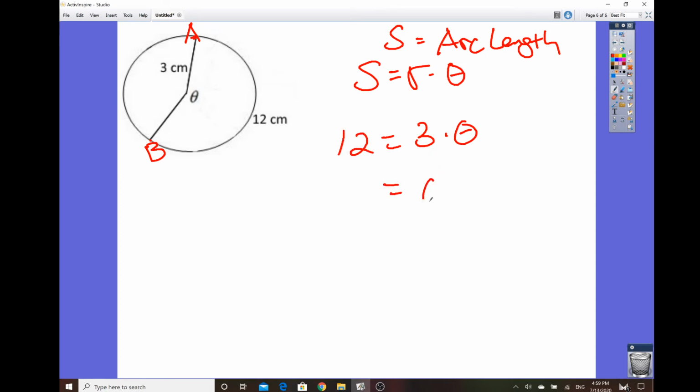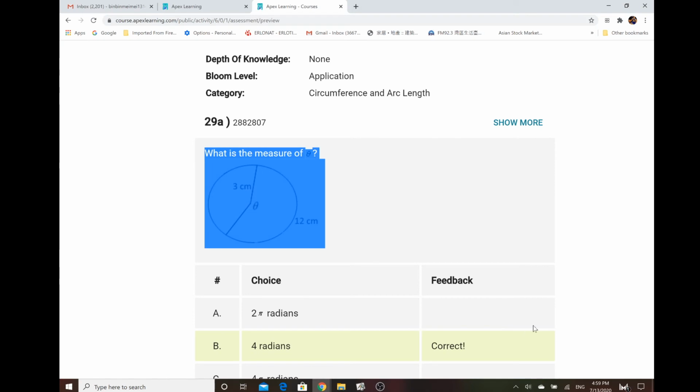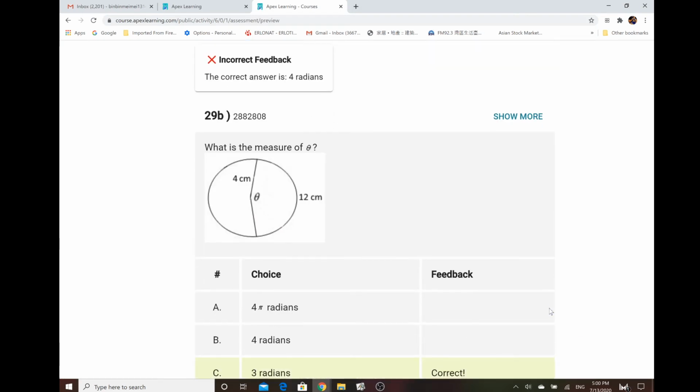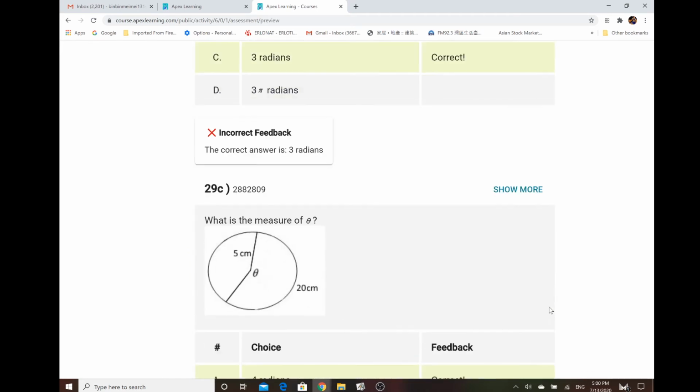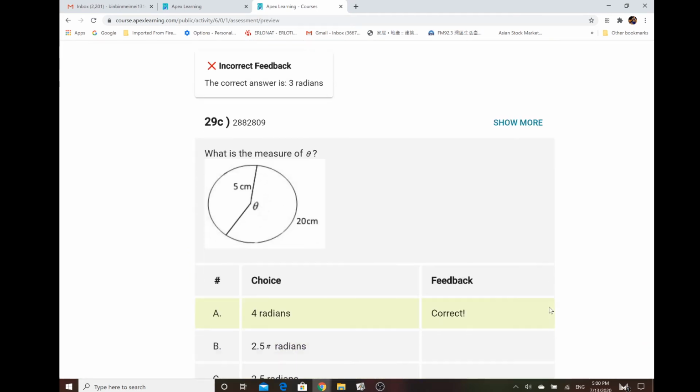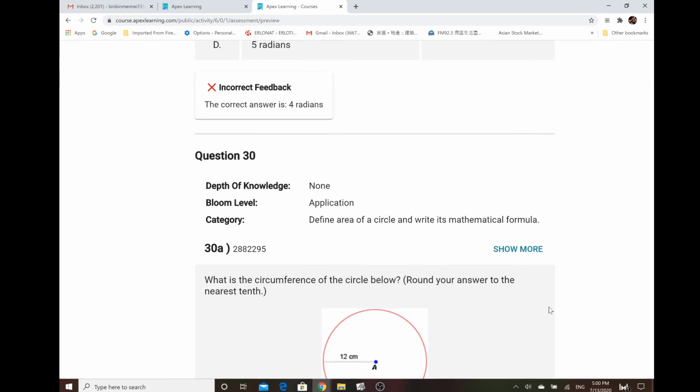So 12 divided by 3, the radian is 4. The unit for the radian is always rad. So the answer is 4 radians. Here's another one: 12 divided by 4, so it's 3 radians. 20 divided by 5, so 4 radians.